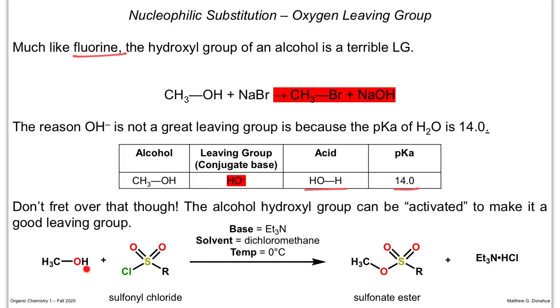And if you look at that hydrogen, essentially what we're doing is substituting that hydrogen for this other thing here, and overall it makes that a good leaving group. This H is going to be substituted for that thing in blue there.